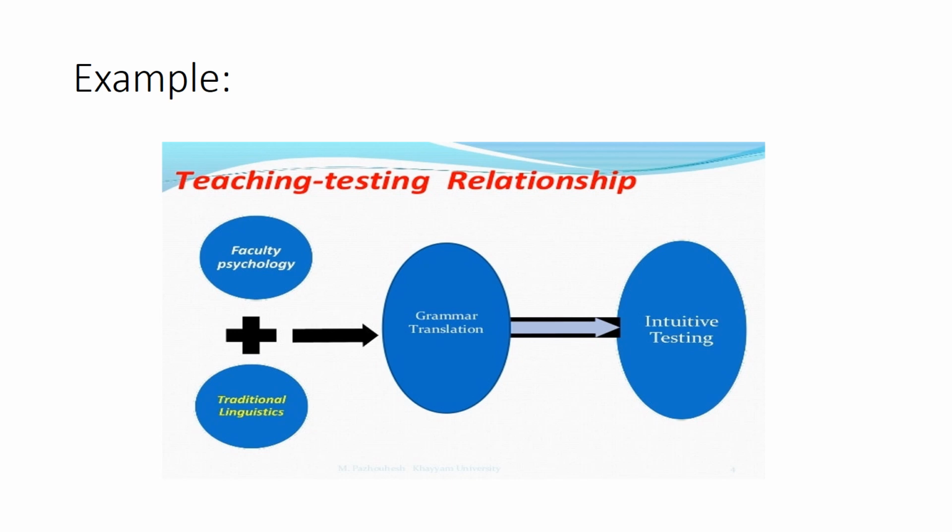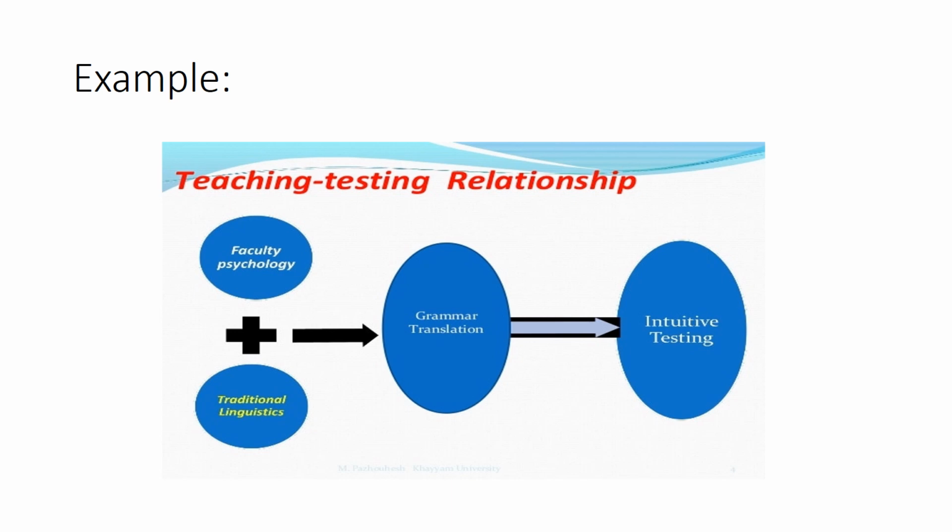So the psychologists at that time said that the mind of the human being is divided into 27 sections, like compassion, memory, perception, and so on. And each one of these 27 sections is responsible for a certain thing.